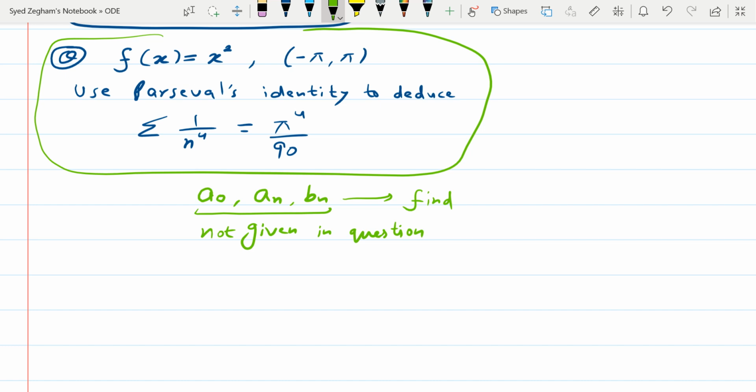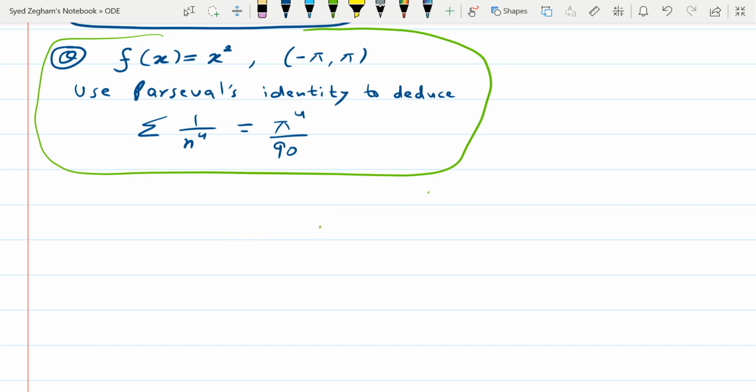If these a naught, an, bn are not given, we know how to evaluate them, right? We have already done this question in the previous video. So let us suppose that in this question, a naught, an and bn are not given. The question is given in this form, which I have marked inside this green box.